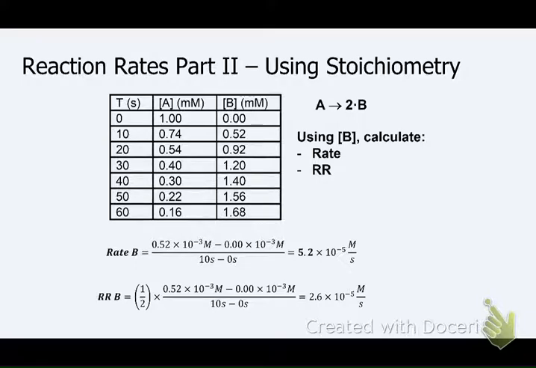Okay, a little bit different. I just wanted to show you how this works. Another reaction, right? This time I'm just doing for B, and the stoichiometry is A goes to 2B.